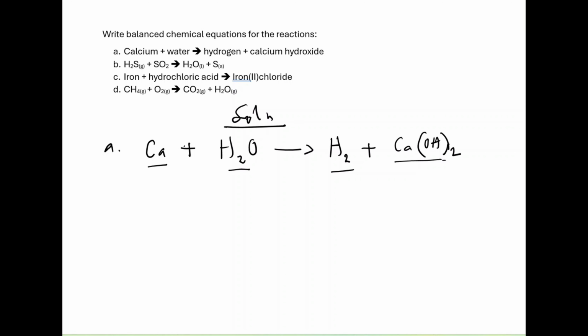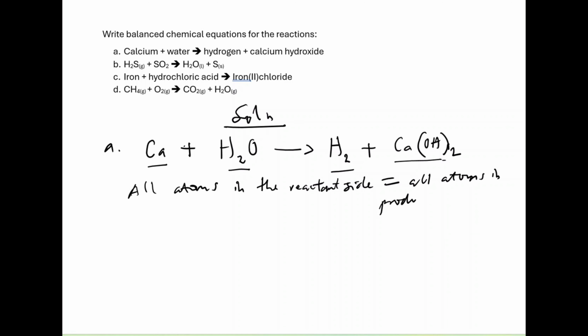Now, what is balancing of a chemical equation? Whenever we try to balance a chemical equation, we want to ensure that all atoms in the reactants side are equal to all atoms in the product side.